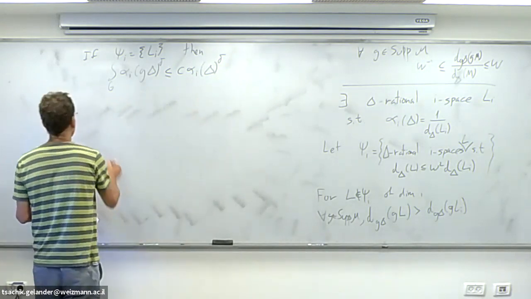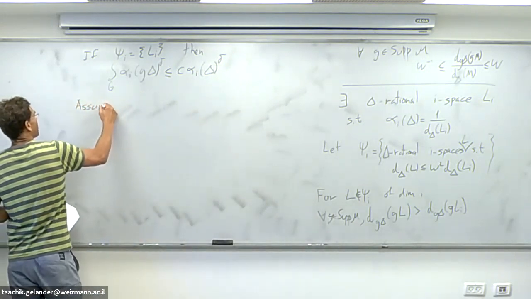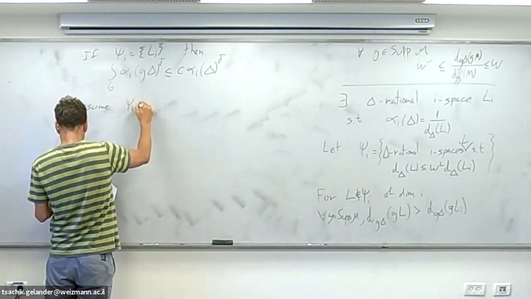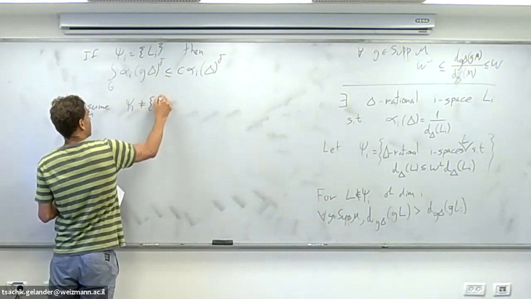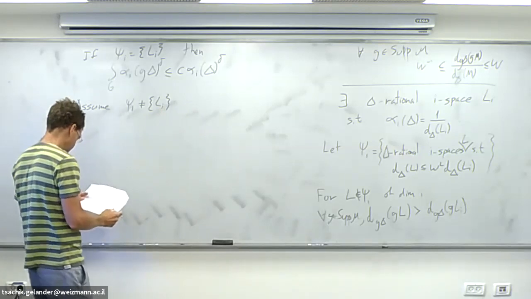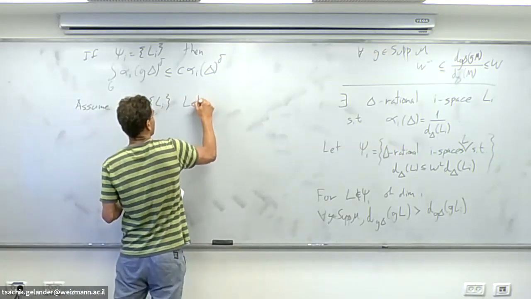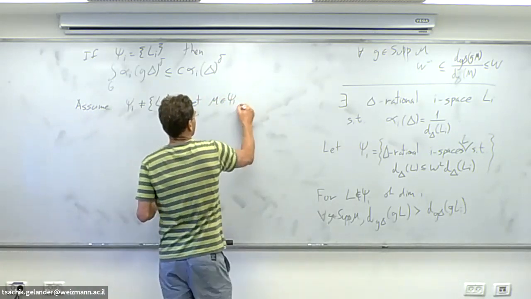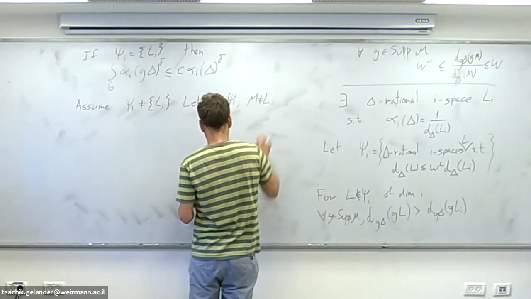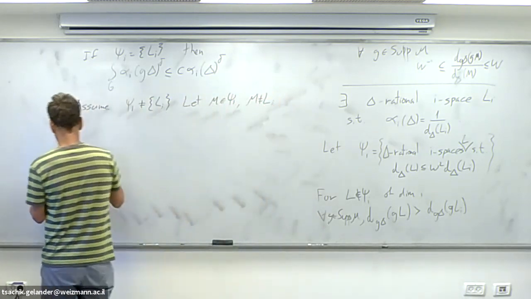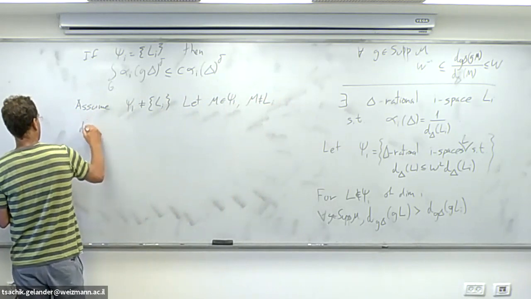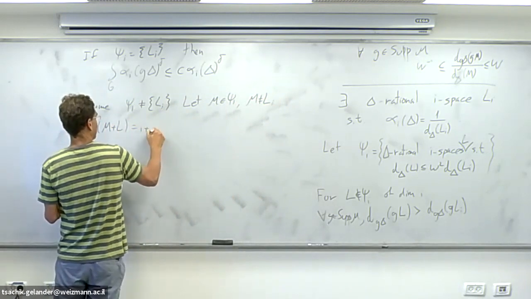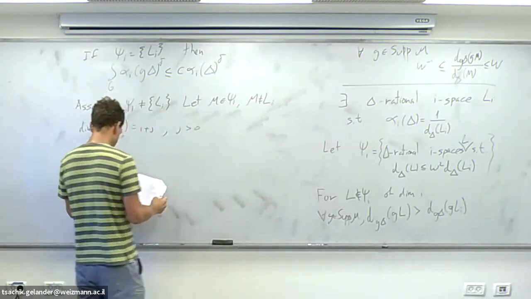Now, suppose that it's not the same, psi i is strictly bigger than Li, and let M be inside psi i, which is not Li, and let us denote dim of M plus L by i plus j, where j is some positive number.